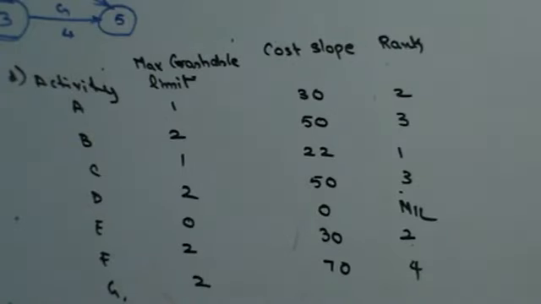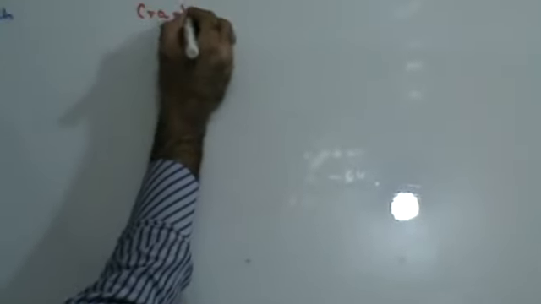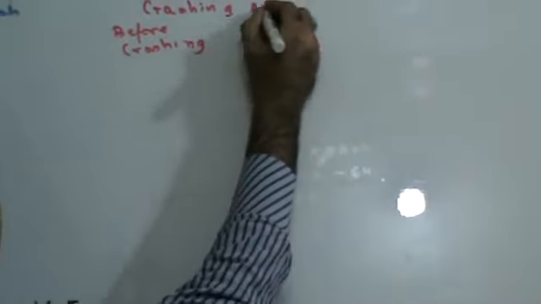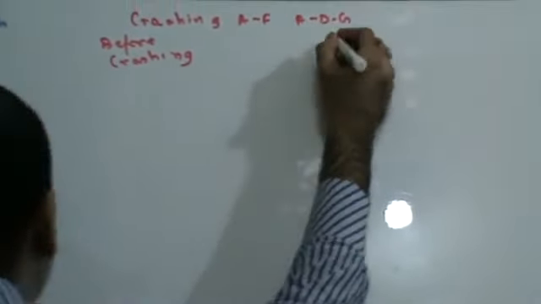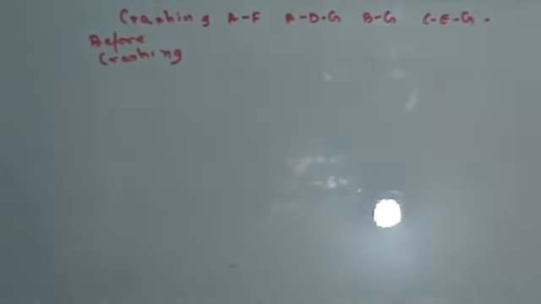Once you have your cost slope table, then you can start with crashing. Let's make the crashing table. Before crashing, your paths are AF, ADG, BG and CEG. These are your 4 paths.